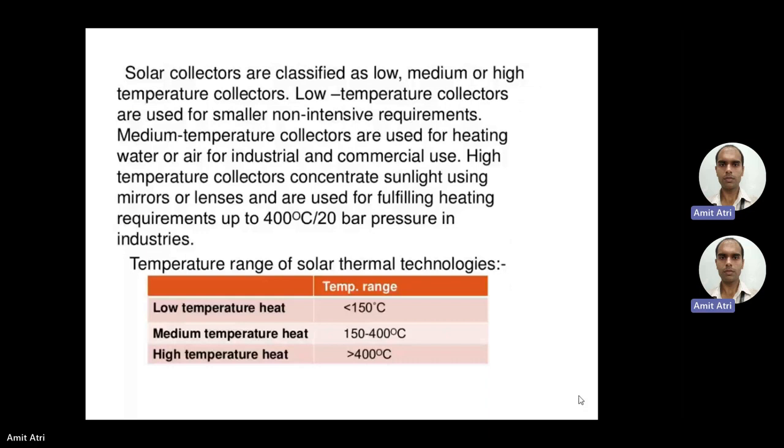Now, the design of solar collectors is of two types: non-concentrating collectors and concentrating collectors. Discussing the non-concentrating collectors first: in this type, the collector area is the same as the absorber area.